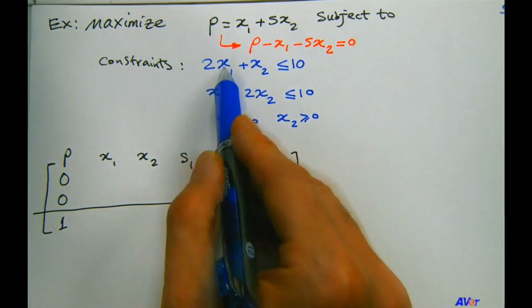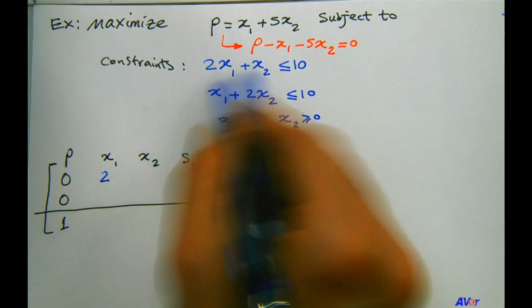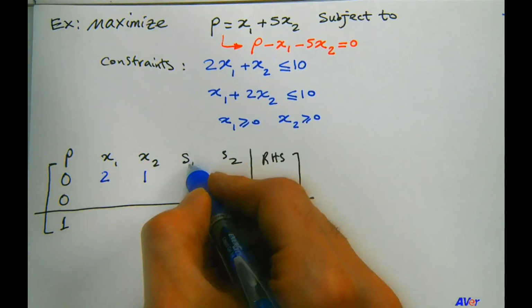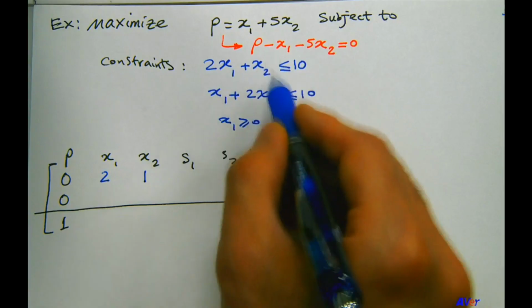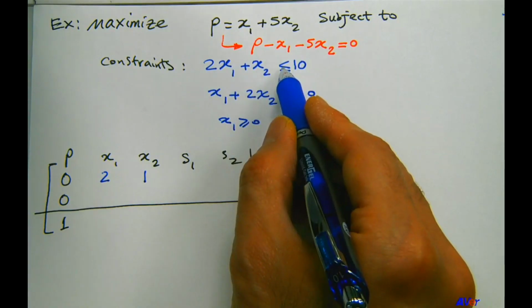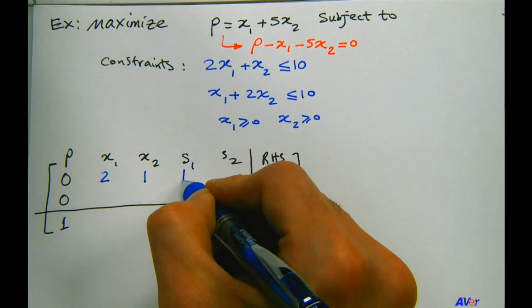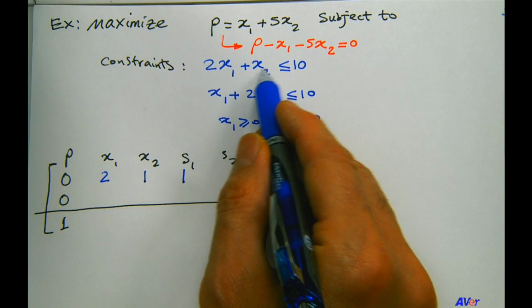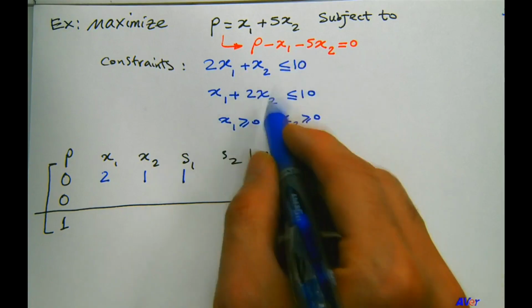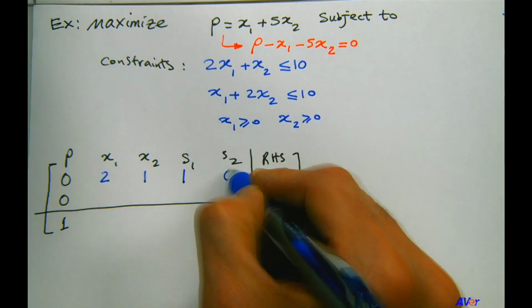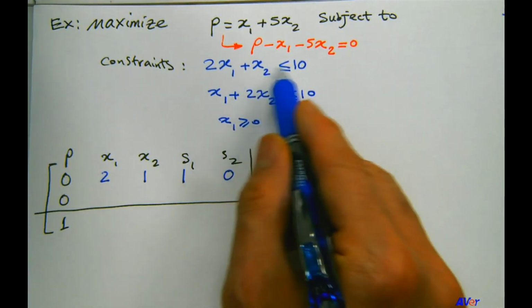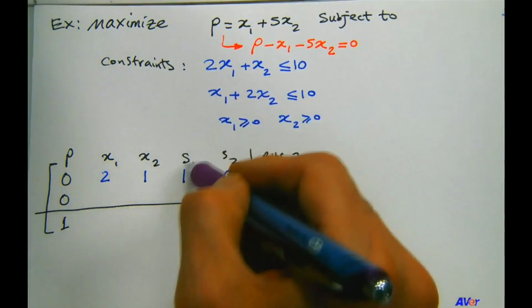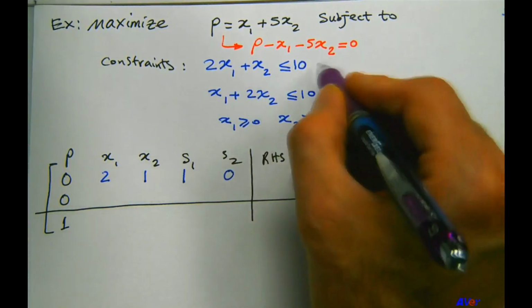So for x1, we have 2. For x2, coefficient is 1. For s1, that's the first constraint inequality that we're converting to an equality, so that gets 1. S1 goes with the first inequality, and then s2 gets 0 coefficient because there's no s2 in that first inequality. Because remember, the s1 is basically coming from here.